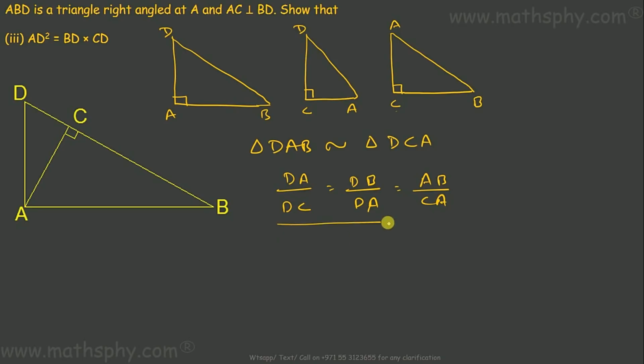Let's take this. DA into DA is DA square, or AD square equals to DB, which is BD, and DC, which is CD. So AD square is equal to BD into CD.